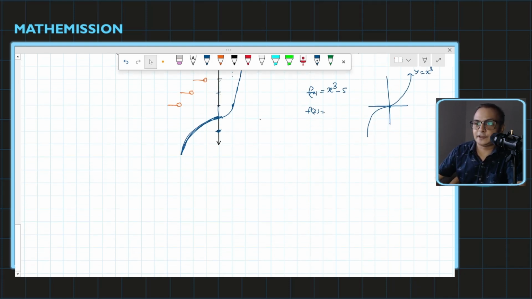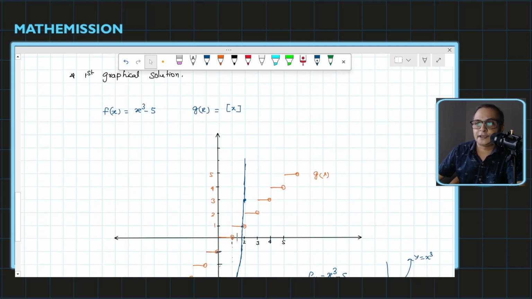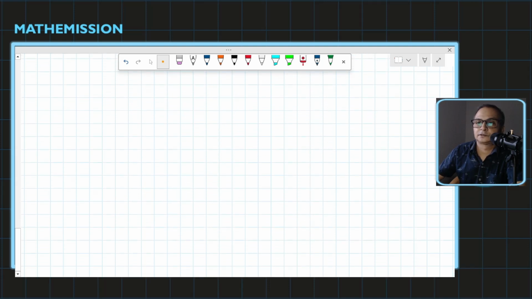The second way is we can draw it by taking f(x) something else and g(x) something else. So I'm again taking this thing separately, and I'm conveying what I want to say. So let me just copy it, and here I have this function.